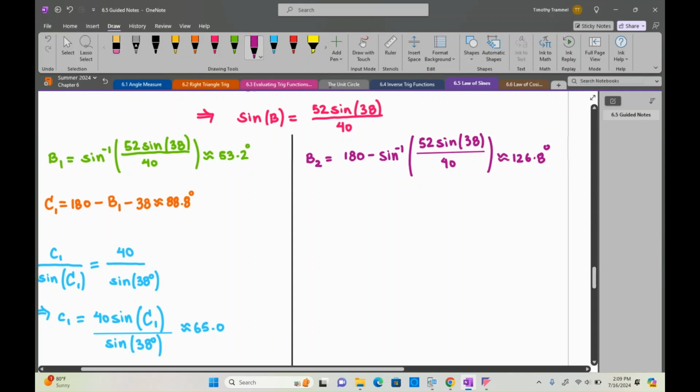Now we need to find the angle C2. To find the angle C2, it should just be 180 minus the other two angles. So we have B2, and then we have A, which was 38.